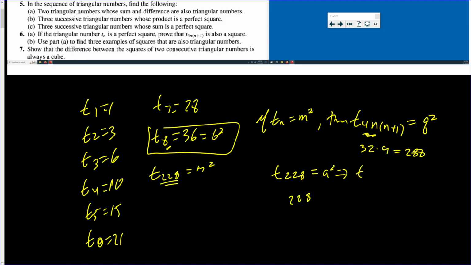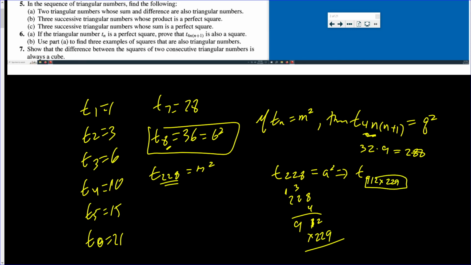288 times 4 times 289. And whatever you get, that number is a perfect square.